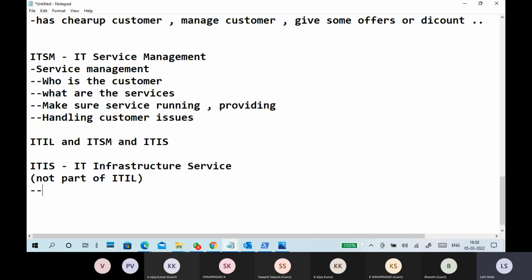It is some infrastructure related one, and it is a profile. It's nothing but a job profile. Your job profile is not NSD, it is ITIS, also called CIS, Cognizant Infrastructure Services, or IT infrastructure service.